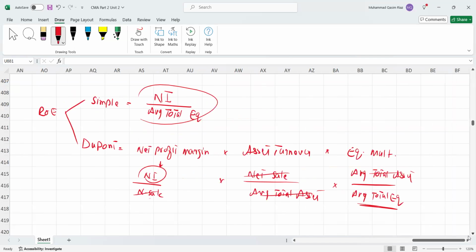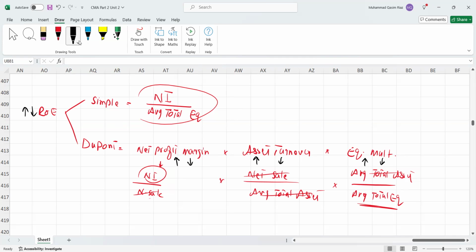Now guys, please remember for return on equity: if net profit margin increases, asset turnover ratio increases, and equity multiplier increases, return on equity will increase also. But if net profit margin decreases, or asset turnover ratio decreases, or equity multiplier decreases, your return on equity will also decrease. Right? So you have to understand all these things.